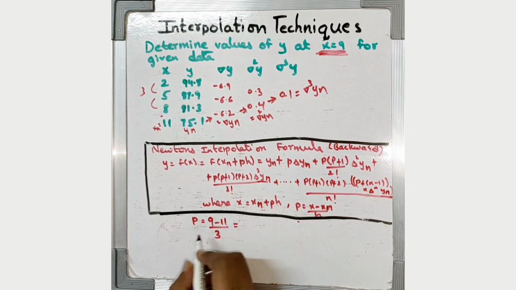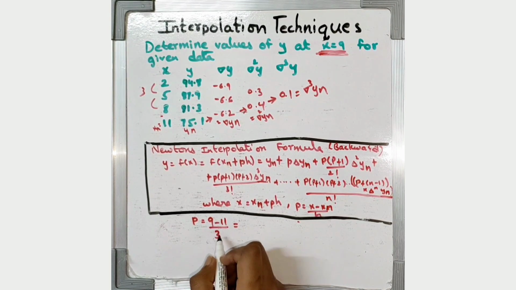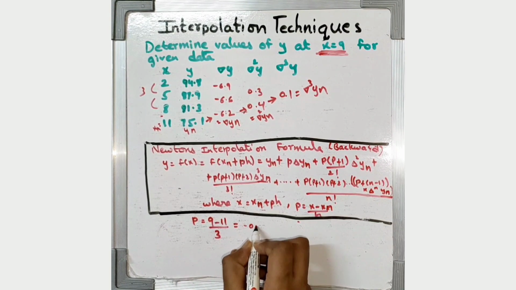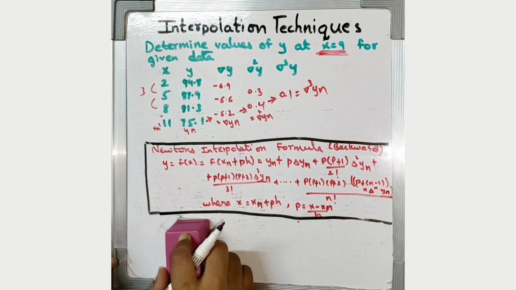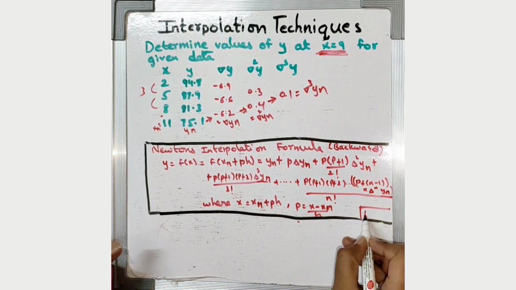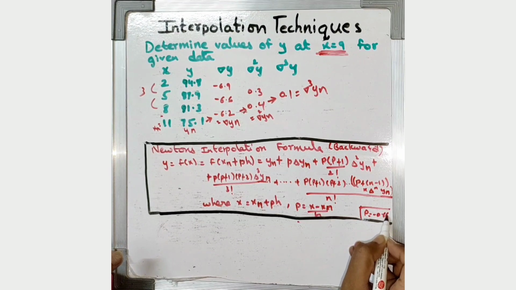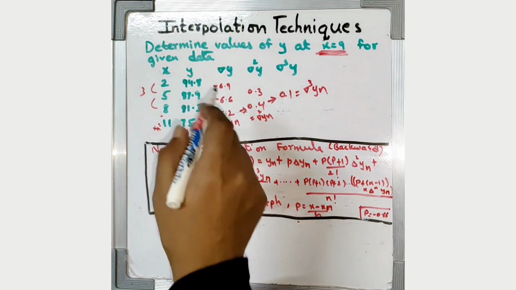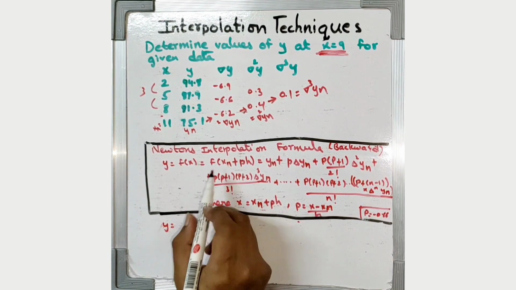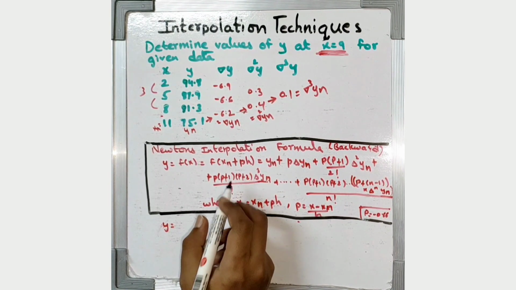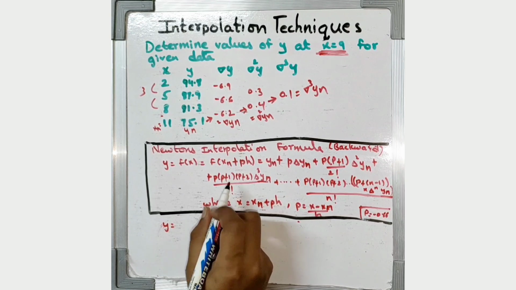Now calculate the p value: 9 minus 11 by 3, which is minus 0.66. Just remember that p is minus 0.66, only for this data. Now calculate y. Y equals f of xn plus ph.